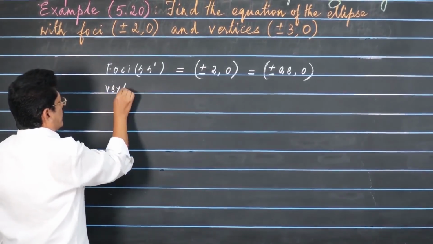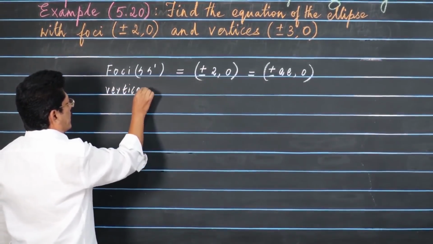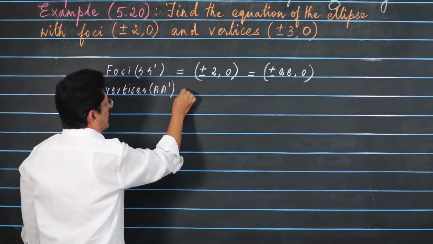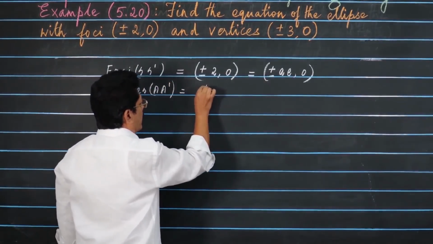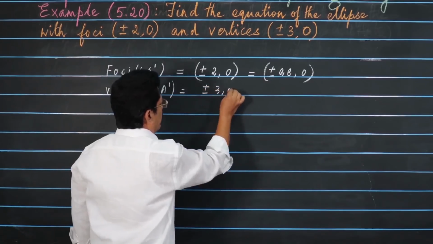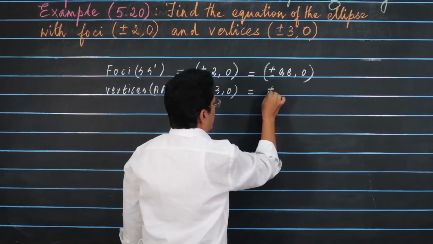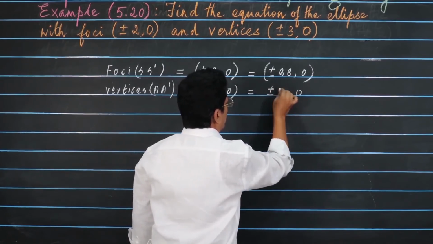Vertices A dash is equal to plus or minus 3 comma 0, which is equal to plus or minus A comma 0.